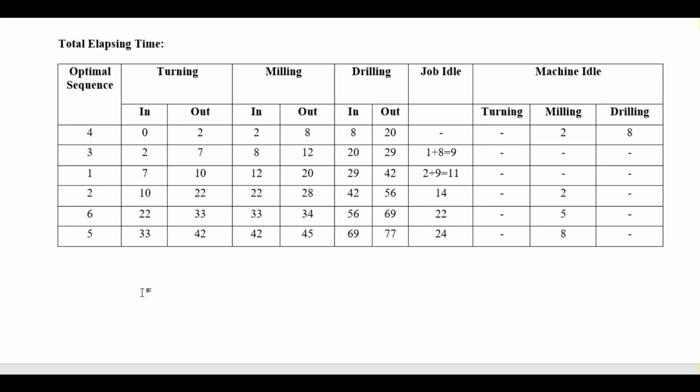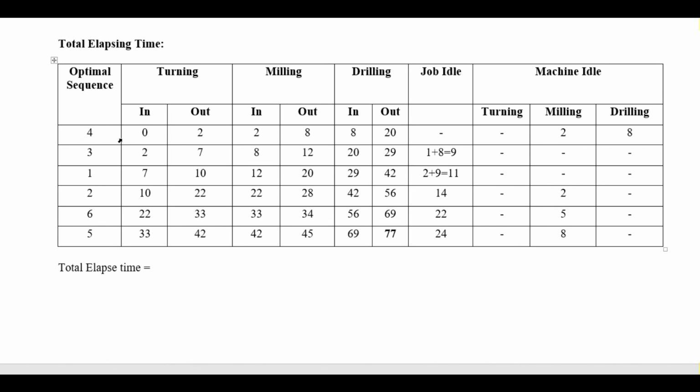Now we have to find out the total elapsed time. This is the total elapsed time to complete this cycle. So we have to assume it as a cycle. The cycle starts from the fourth job and is completed at the fifth job.